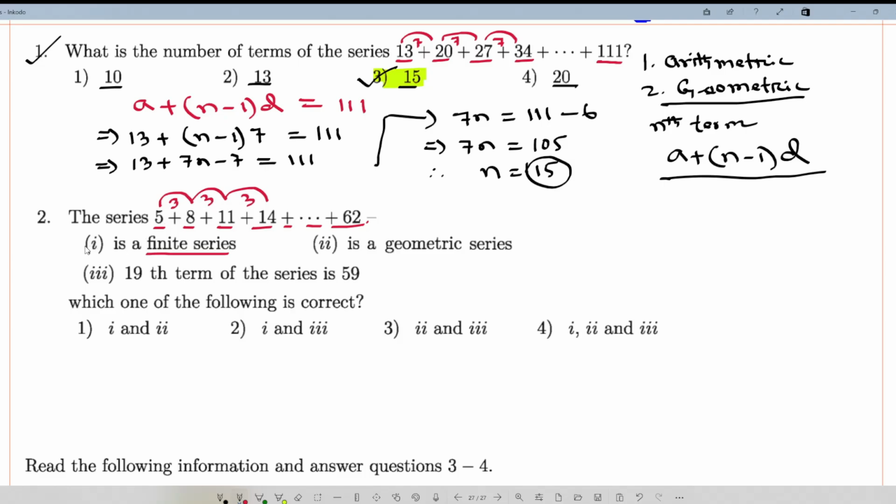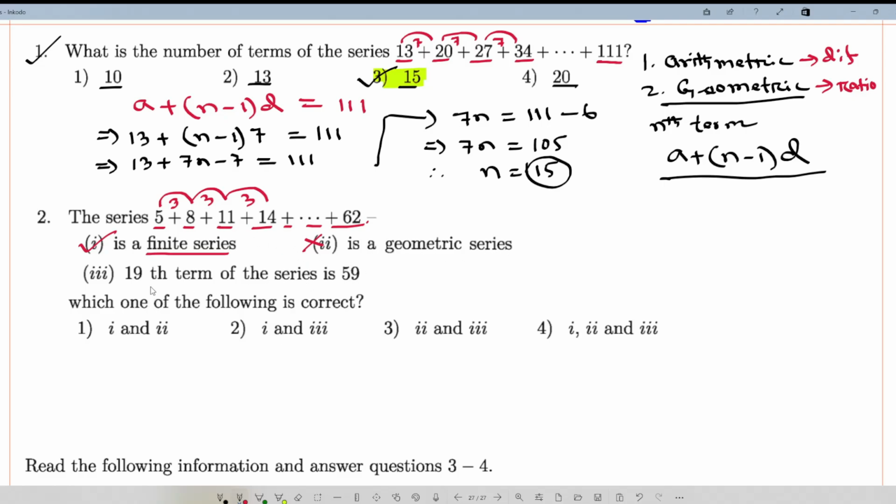We know that in a geometric series each term ratio is the same, but here the difference is the same. Arithmetic series has a common difference, and geometric series has a common ratio, right? So it is not right that this series is a geometric series.